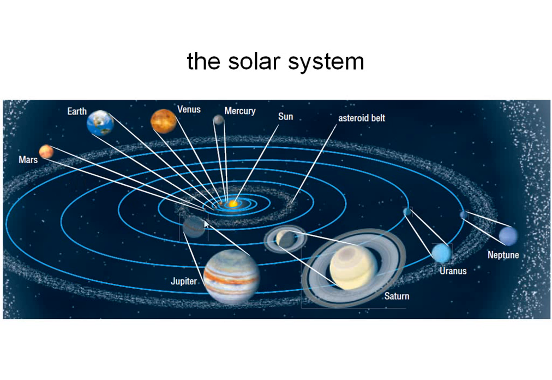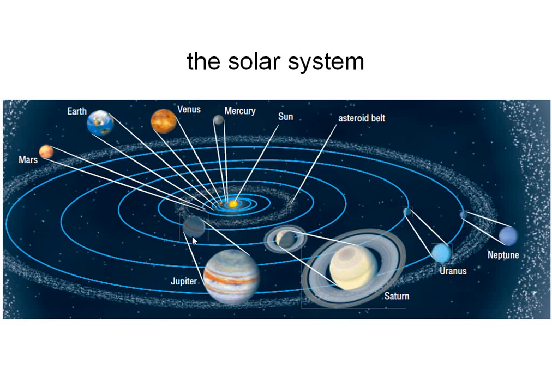Mars moves on the fourth orbit, and Jupiter moves on the fifth orbit, and Saturn moves on the sixth orbit, and then Uranus, the seventh one, and Neptune, the eighth one, the outermost one.